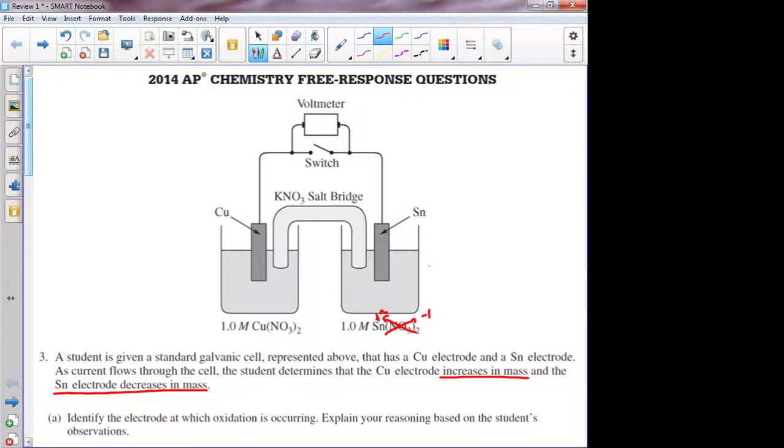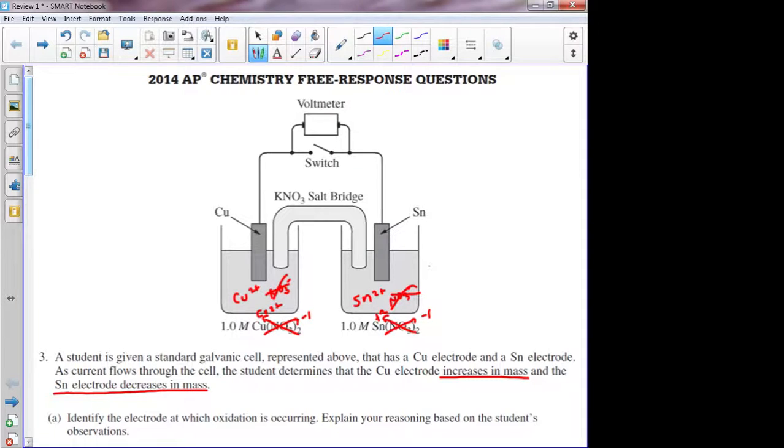Does everybody see that? This 2 means this is copper 2 positive, and this nitrate's negative 1. So in this solution, I've got Sn2 positive, NO3 negative, and Cu2 positive, NO3 negative. The NO3 negatives we don't really care about, so we can just pretend like they're not there.